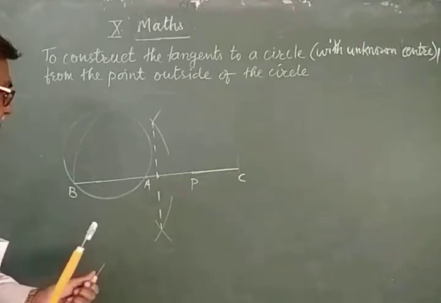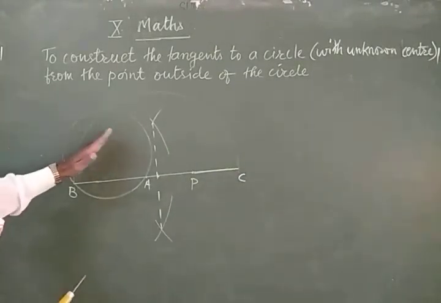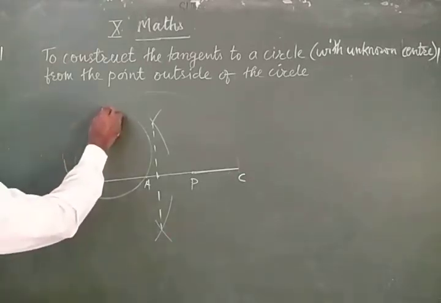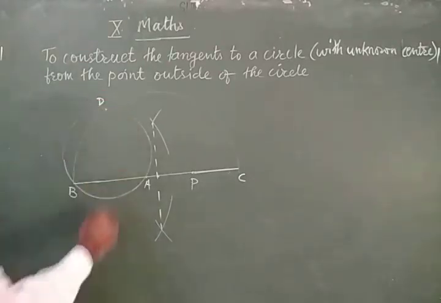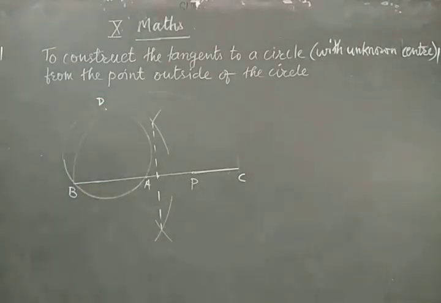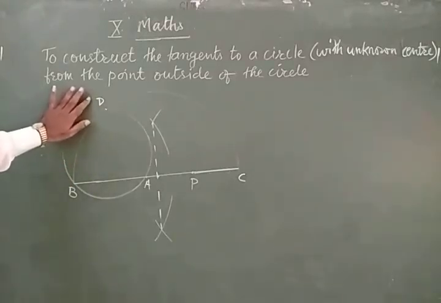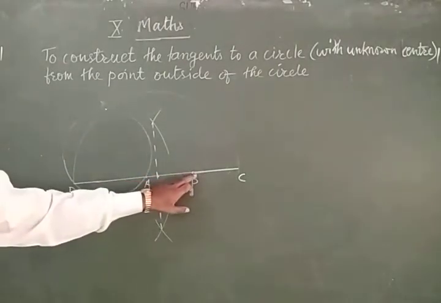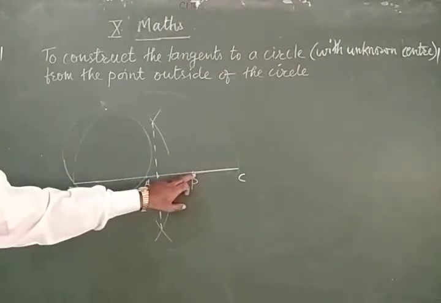Intersecting this circle at say D. Then at P draw a perpendicular.